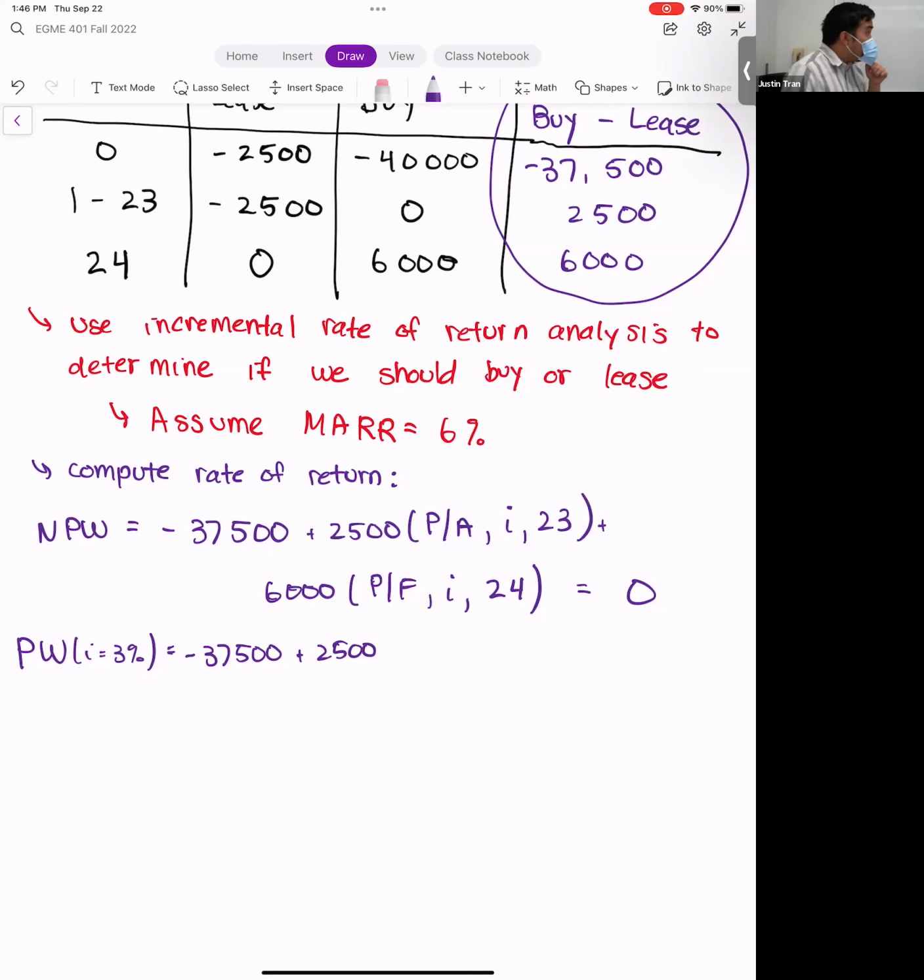We look up the P over A value for n equal to 23 and i equal to 3%, and if you look that up in the table, this is 16.444. Sorry about that. In my notes, I have the 6,000 and the 2,500 switched, and I just didn't notice it.